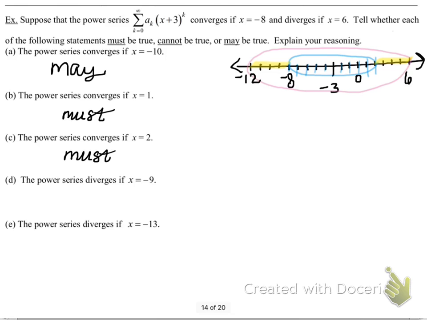Well, that's in the part where we don't know what's going on, so we have to say may. The power series diverges if x equals negative 13. Well, that's way off the map, so that is definitely a must. It must diverge. Notice how they suddenly changed up the question. Thank you very much.